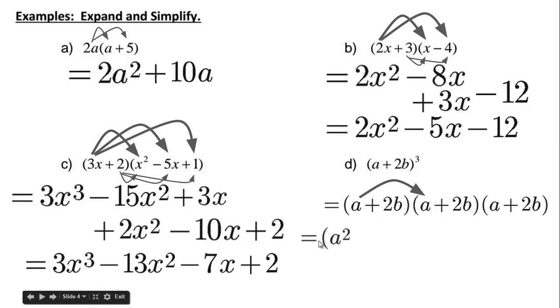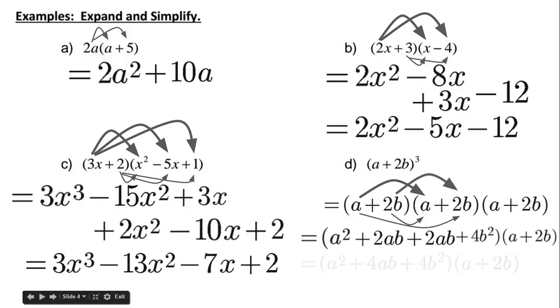Notice how we put brackets around this, because we're going to keep the brackets around the answer, because we're then going to have to multiply it by a plus 2b. a times 2b is 2ab, and then 2b times a is 2ba, but really that's the same as 2ab. And the last one is 4b squared.